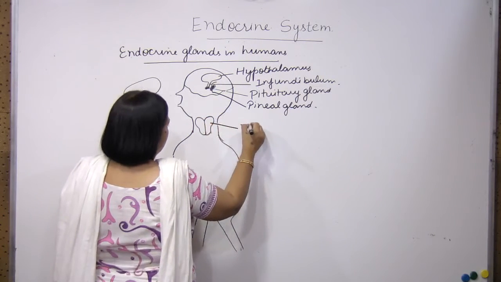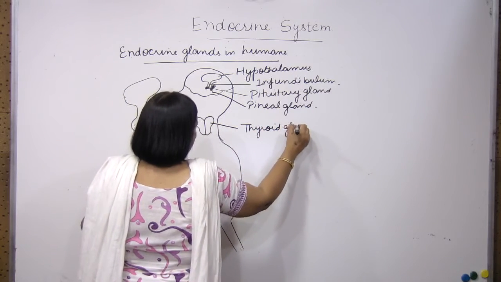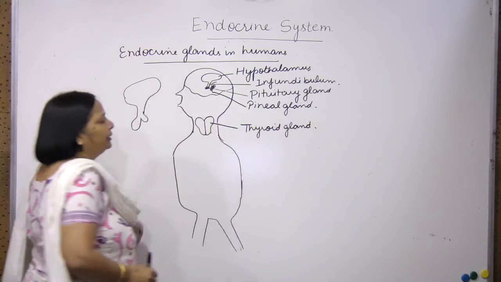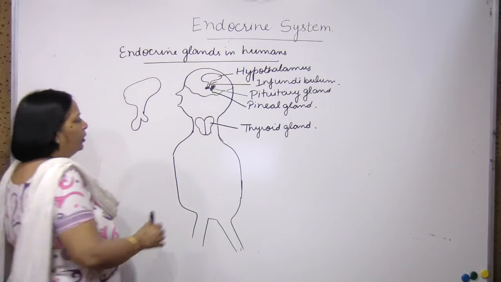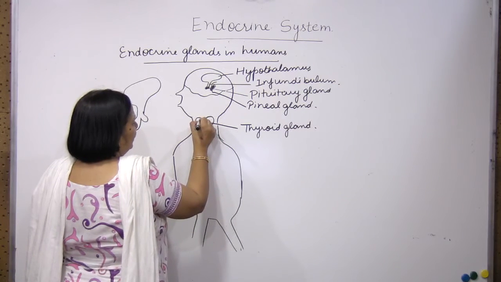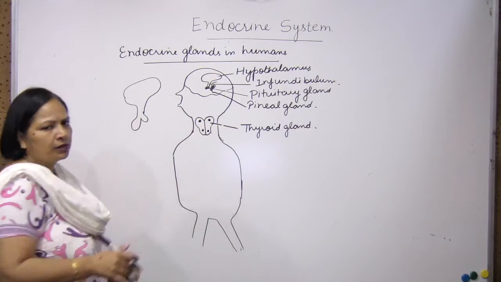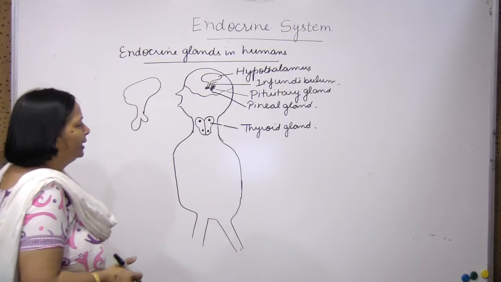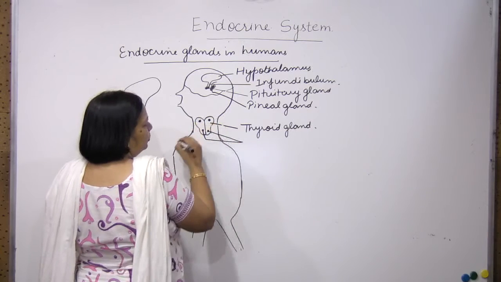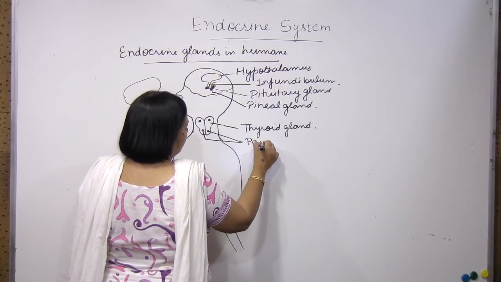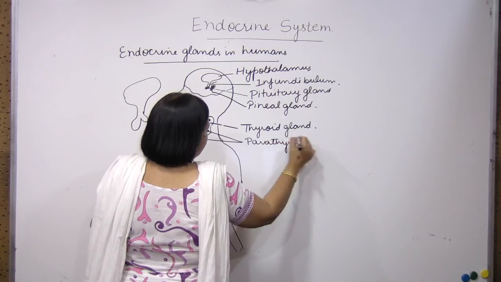This is the thyroid gland. The largest endocrine gland in our body is the thyroid gland. Not stuck to the thyroid gland, but near it, on the surface, there are 4, no, 2 above and 2 below, parathyroid glands.